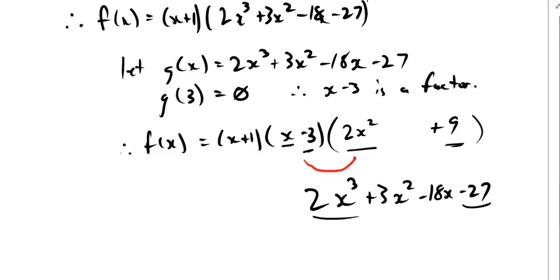Negative 3 times 2x squared is going to give me negative 6x squared. But I want 3x squared. So what do I add to negative 6x squared to get 3x squared? 9x squared. What do I multiply x by to get me 9x squared? 9x.